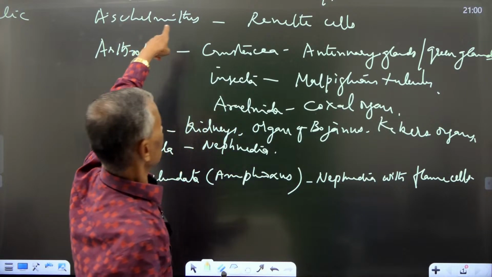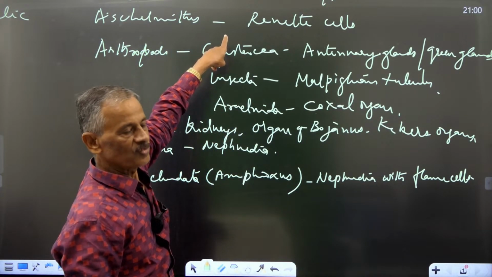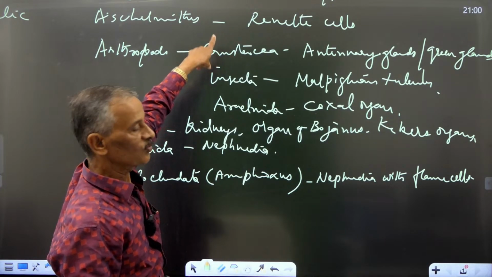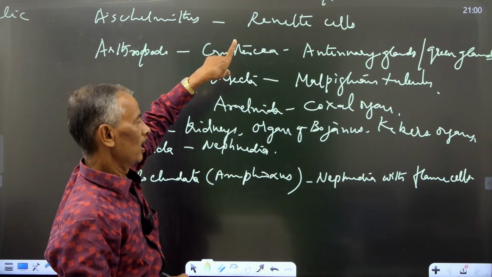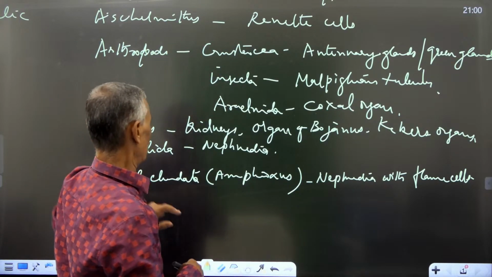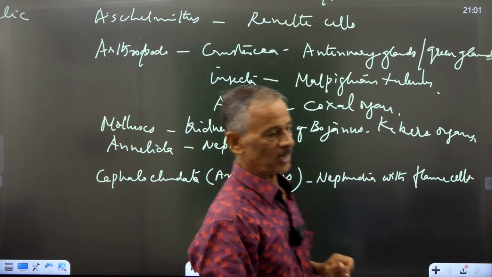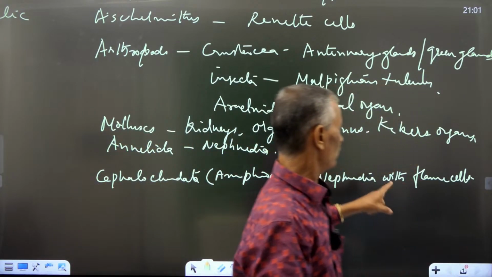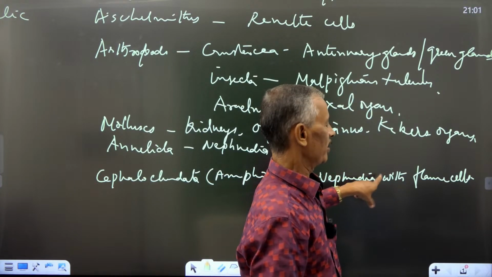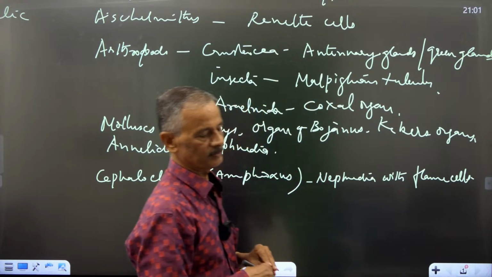Flame cell-like structures are the very simple type of excretory structures seen in platyhelminths. That is why in our book it is given in platyhelminths, in cephalochordates, Amphioxus, in rotifera, etc. You have flame cells, protonephridia. It is called protonephridia, primitive nephridia.